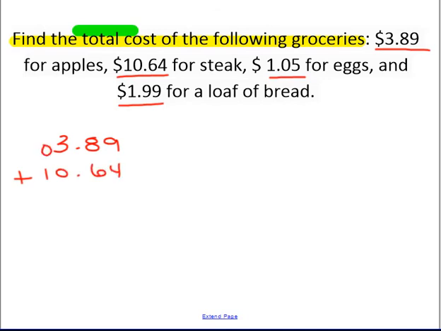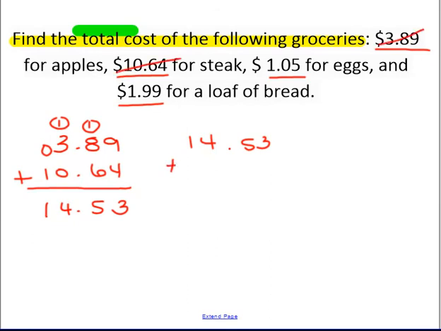I'm going to add my 0 as a placeholder here. So I got 14.53 by adding the apples and the steak. Now I'm going to add the eggs. I'm going to add a 0 as a placeholder.